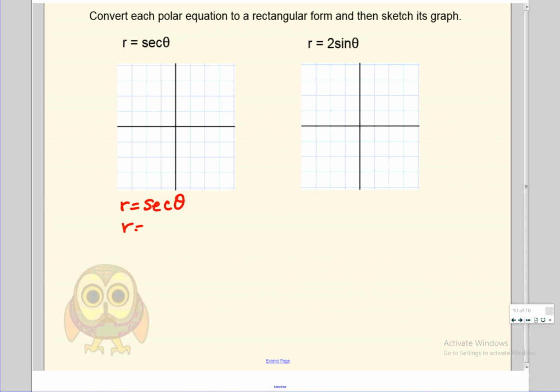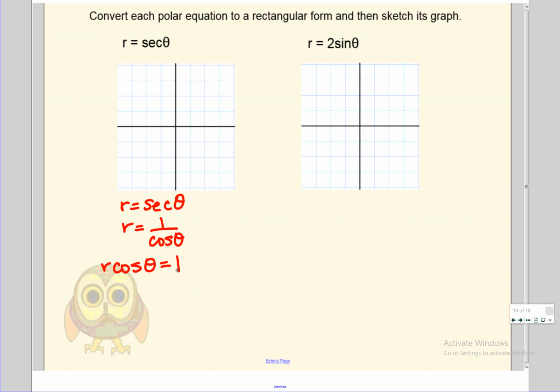Okay, so r equals 1 over cosine. Okay, and then how about we get that cosine out of the denominator just to make it a little prettier? So I'm going to multiply both sides by cosine. r cosine equals 1. Do you recognize r cosine as one of our formulas? What is r cosine equal to?